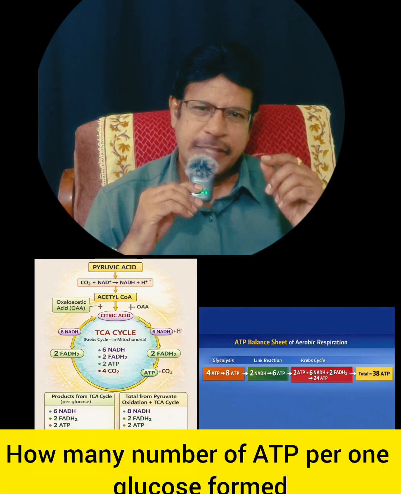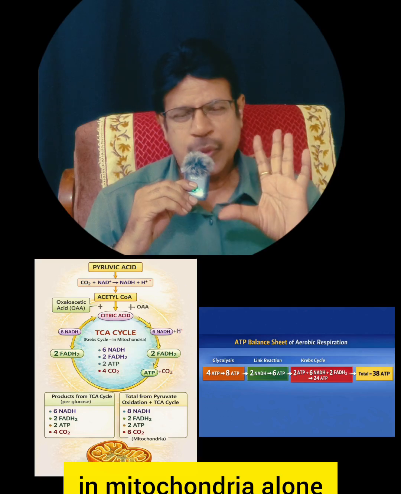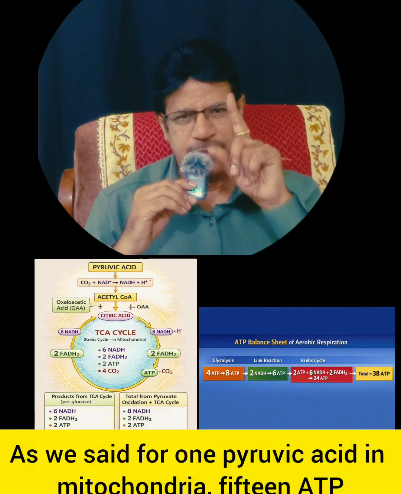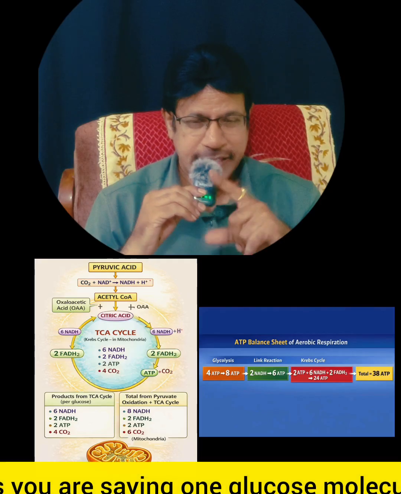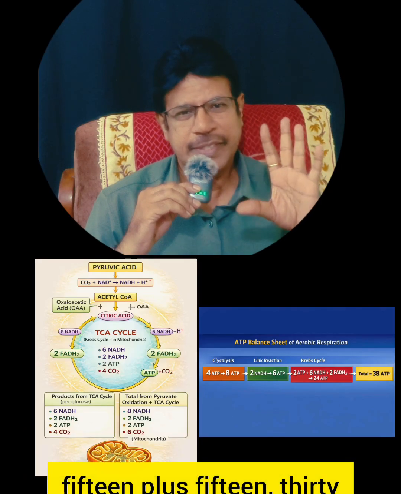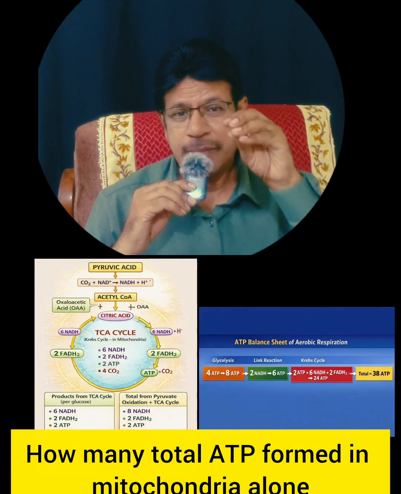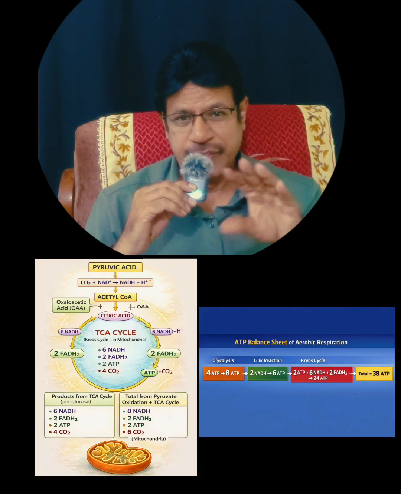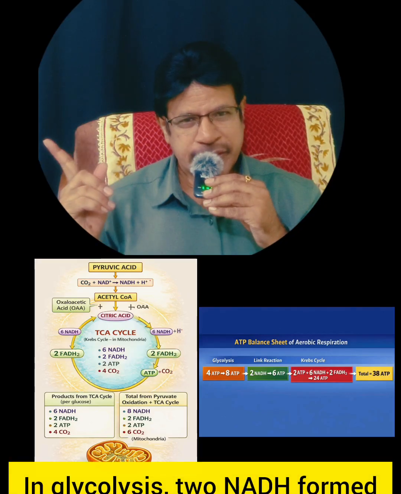How many ATP per one glucose are formed in mitochondria alone? As we said, for 1 pyruvic acid in mitochondria, 15 ATP. Since we are talking about one glucose molecule, I have to consider 2 pyruvic acid: 15 plus 15, 30. But 30 is not the answer. In glycolysis, 2 NADH are formed.